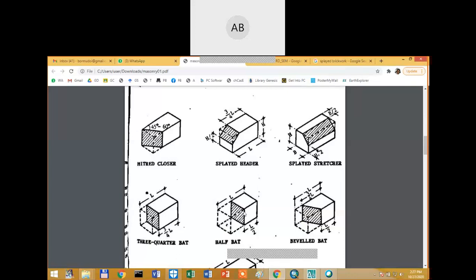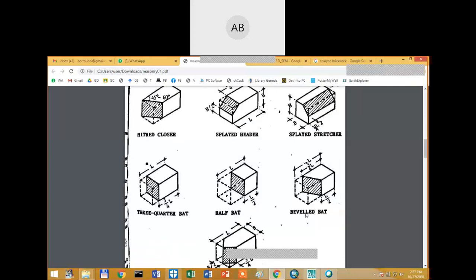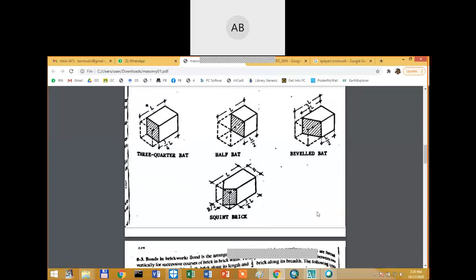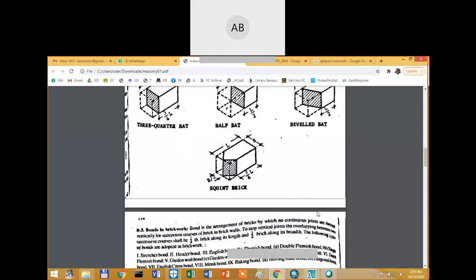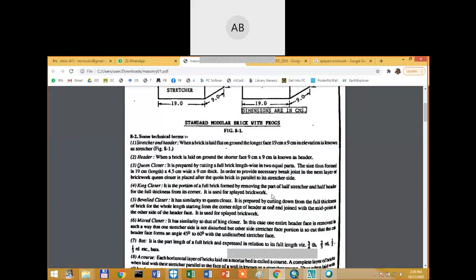If you do the same thing halfway along the length of the stretcher line, it is known as a half bat. Then similarly, the bevel bat. So these are different ways you cut a brick. So till now, do you want to ask me something?